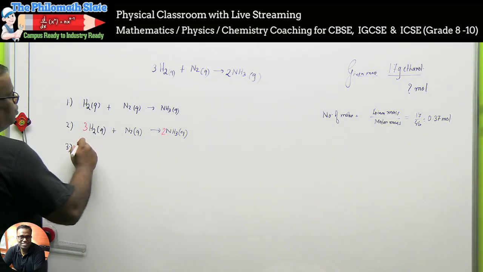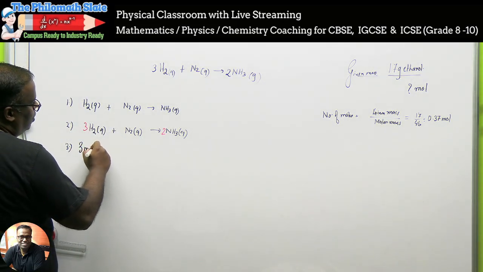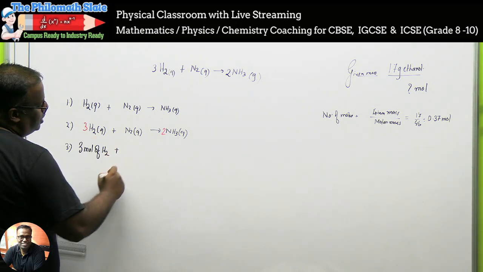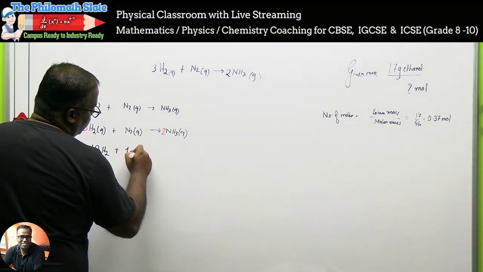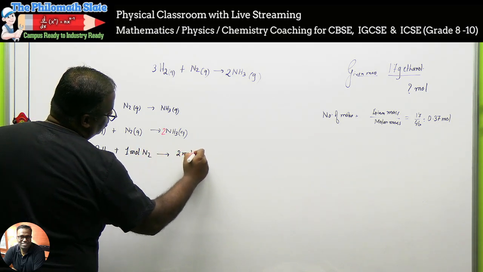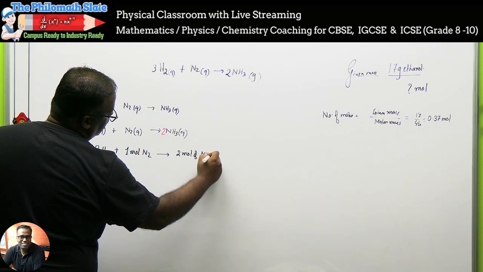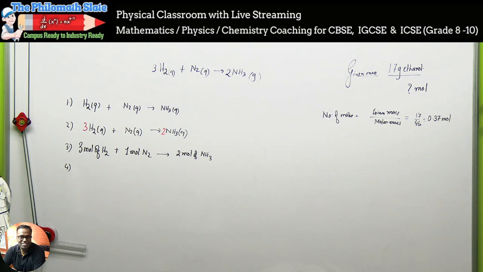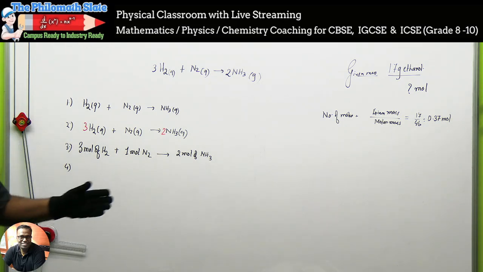That's why I say don't keep writing if you don't understand, there is no benefit. 3 moles of hydrogen molecule react with 1 mole of nitrogen molecule to give you 2 moles of ammonia molecules.